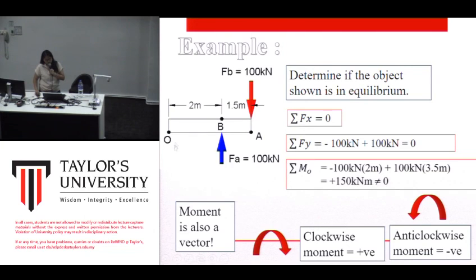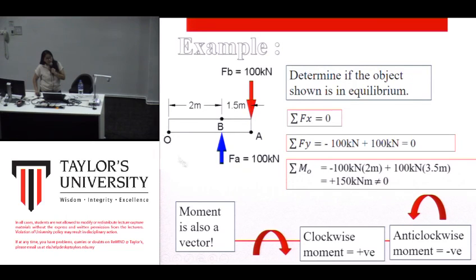Let's say we check the moment at point O. FA going up. Okay, look at the arrow of my cursor. FA going up and rotates about point O. That is the moment created.